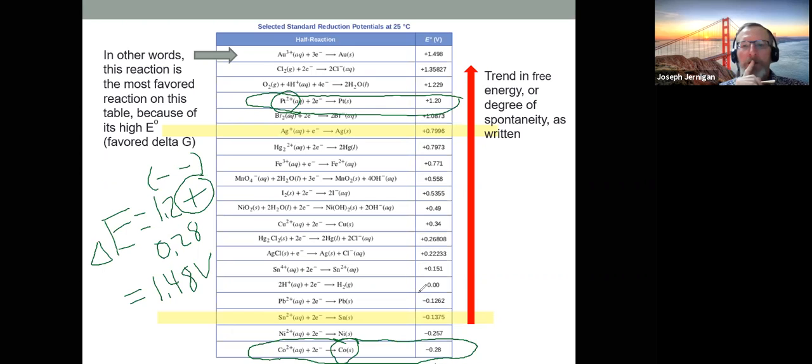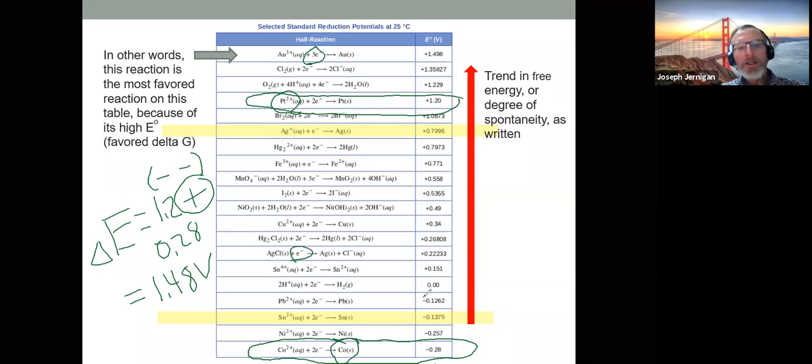The other point, and this is a little more subtle, and you're just going to have to take it on faith. Let me go back to my silver. I'm sorry, my gold. That has 3 electrons associated with it. Let's say we're going to react it with silver chloride.